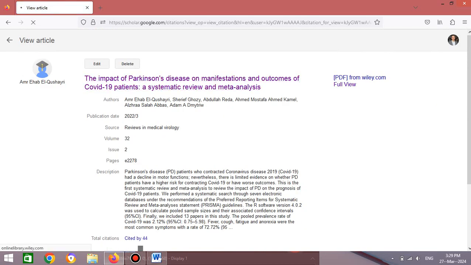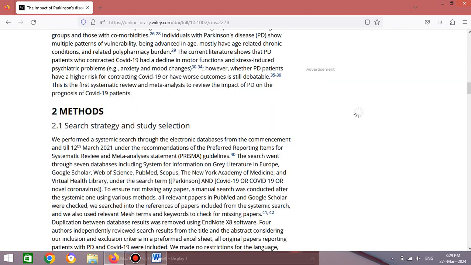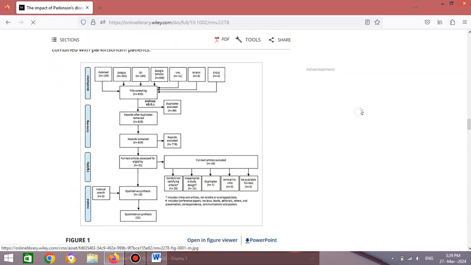This is one of the articles we did. Here in this systematic review, we included around 13 papers, so the PubMed results were 129. So you have an effective search term.